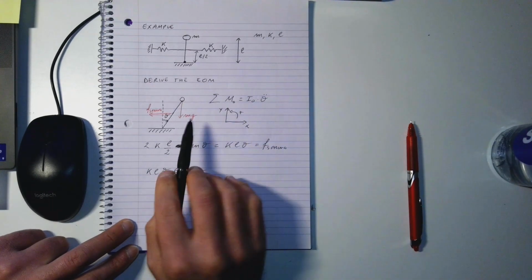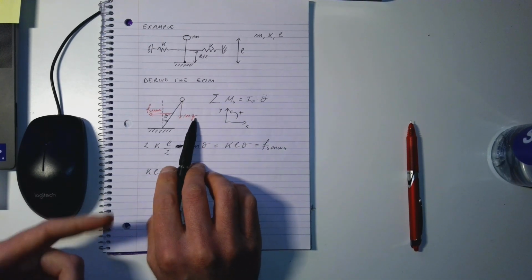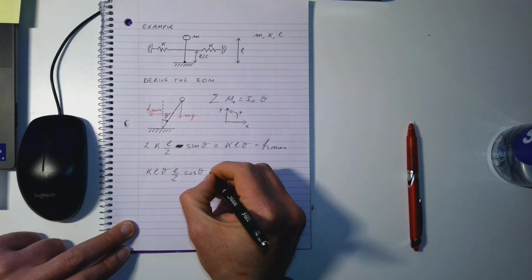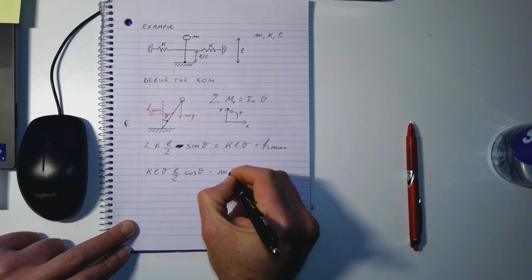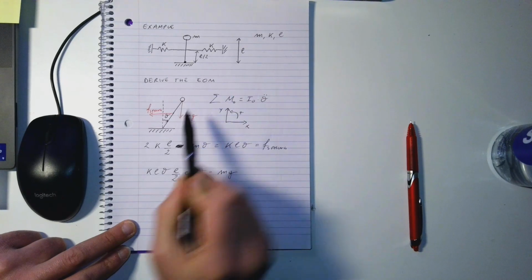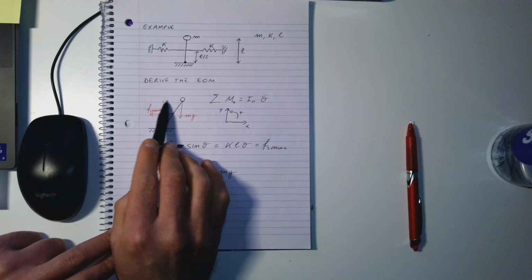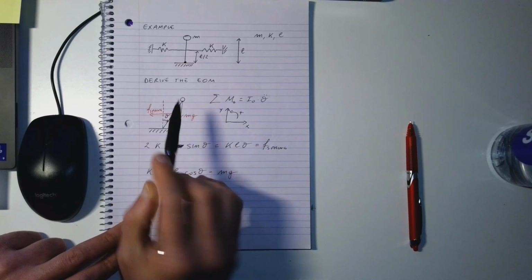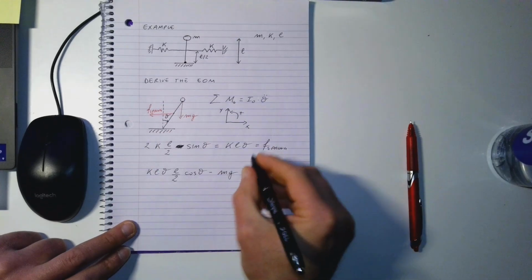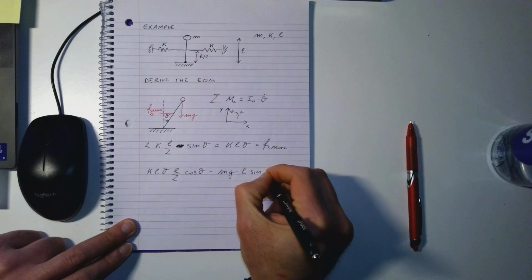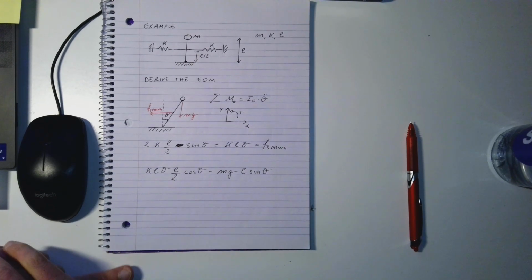In this case, the contribution is negative, so minus mg, and then we have to multiply by this distance here, which is L times sine of the angle theta.